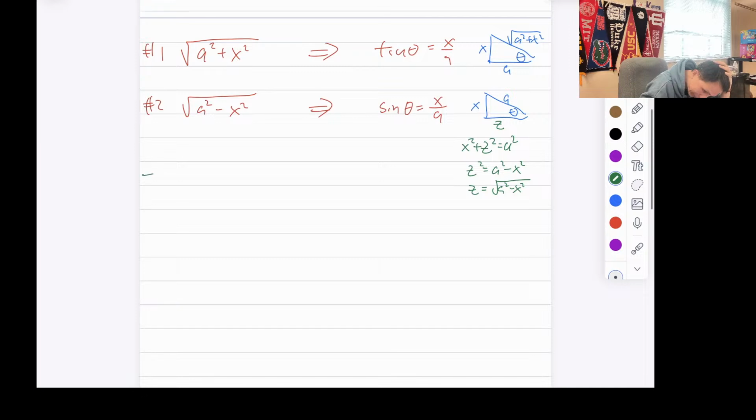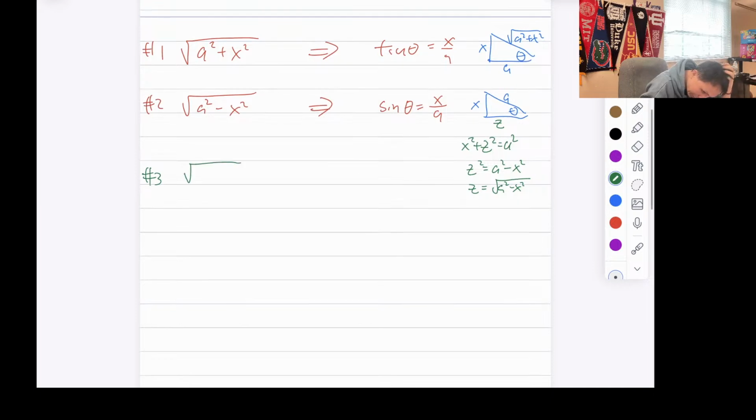Okay. Number 3. This is the one that is the last resort. What if you have x squared minus a squared? Which trig function will I be using? Secant is good, and it's equal to x over a.